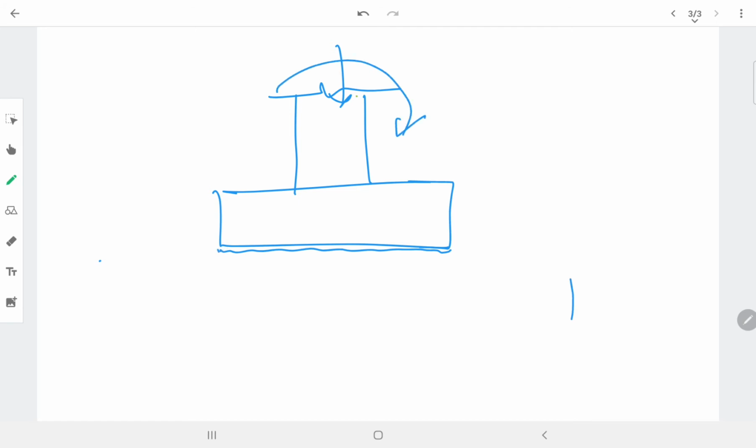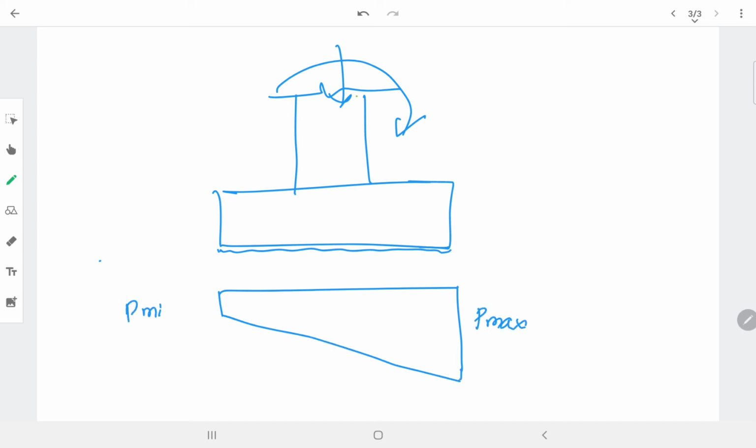Whenever there is a moment, if there is a couple or moment acting on the footing, that will lead to maximum and minimum stresses. Here we will be getting the maximum stresses. This is P max and P minimum.